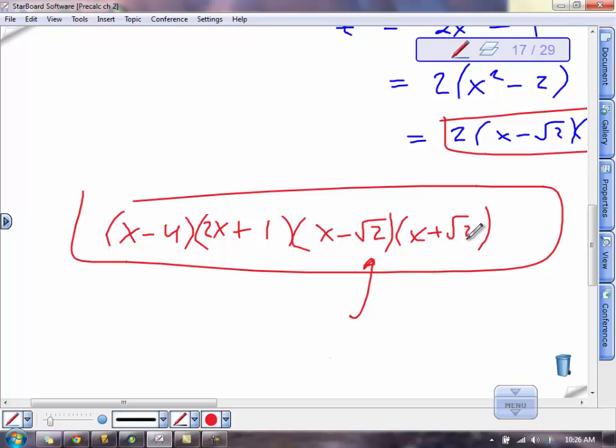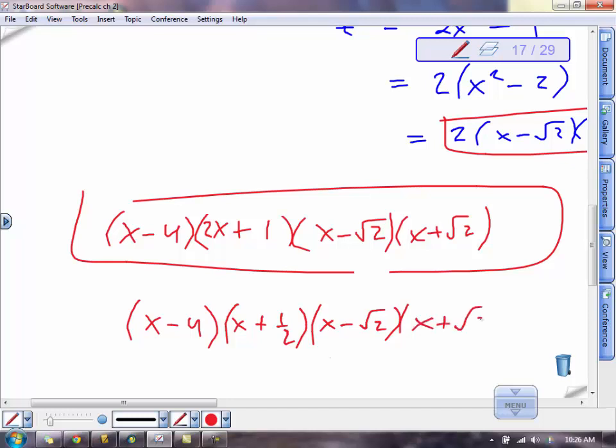The other area where it leaves you short is the way you did it, Preston: you said this is x minus 4, this is x plus 1/2, this is x minus square root of 2, and this is x plus square root of 2. Even if you did get these, there's still a value out front that you don't know, because a polynomial is always equal to some number a times the factored form. You find that a by factoring into one of those.